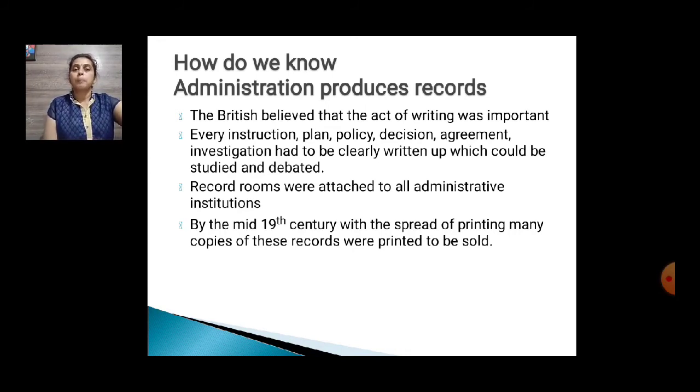Every instruction, plan, policy, decision, agreement, investigation had to be clearly written up, which could be studied and debated. So they believed that whatever it may be, policy, decision, agreement, everything should be neatly written down in one place, so that it could be studied later, or debate भी उसके ऊपर कर सकते हैं.